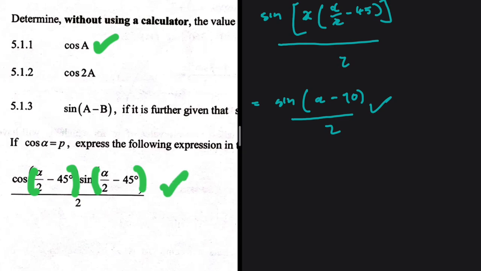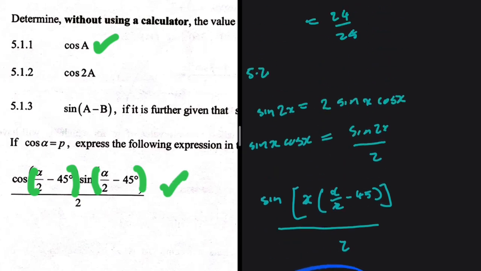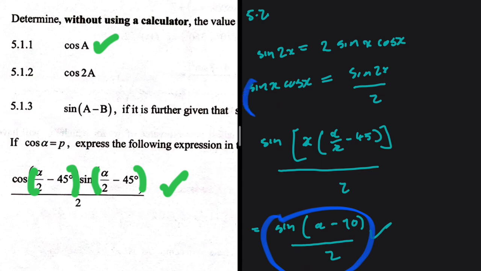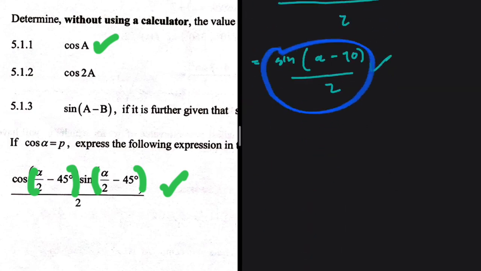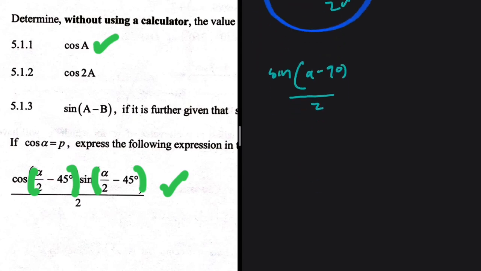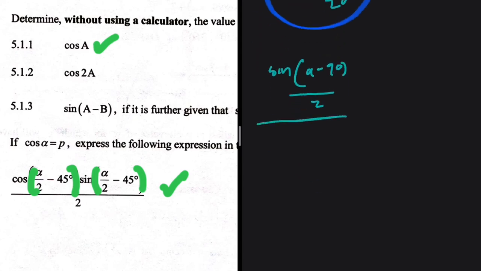So we can substitute this back here, right? Because this thing is equal to sine of x cos of x, right? So on the numerator here, we're gonna have sine of alpha minus 90, over 2, right? And then everything divided by 2, these two, right?